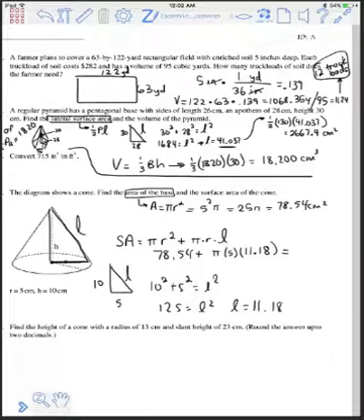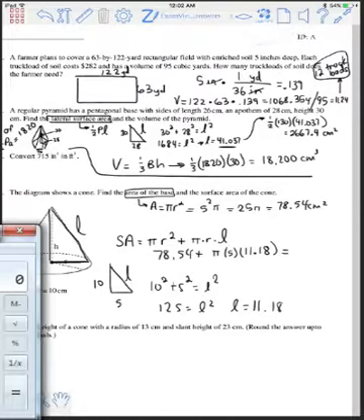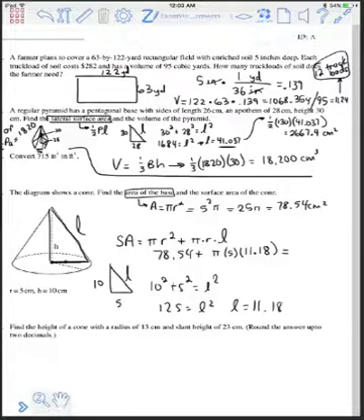So if we added all of this together, we're going to get 254.15. And since it's surface area, it's centimeters squared.